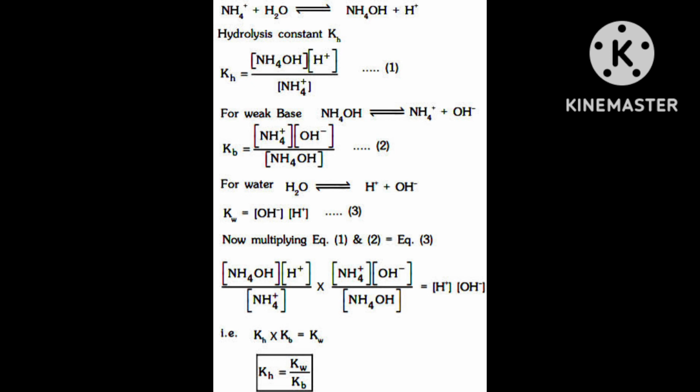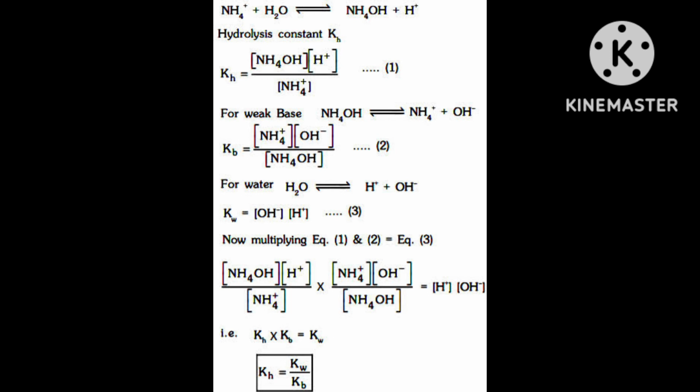After solving, Ka is equal to Kw divided by Kb, that is 10 to the power minus 14 divided by 1.77 into 10 to the power minus 6. That is the ionization constant of ammonia's conjugate acid.